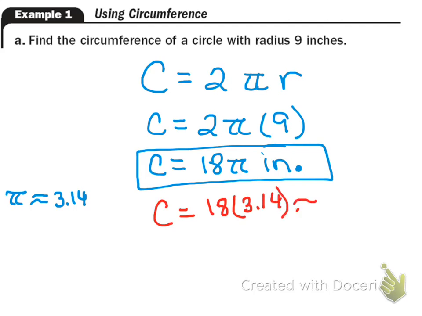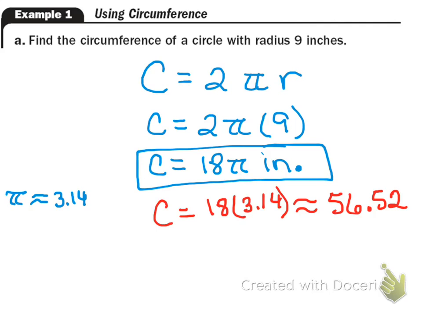And you could get an approximation for the circumference. Using your calculators, 18 times 3.14, and you would find that the circumference is 56.52. This is a better answer, but there is still a better answer than this.